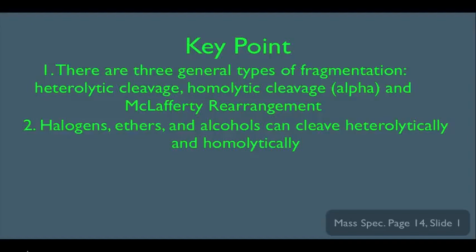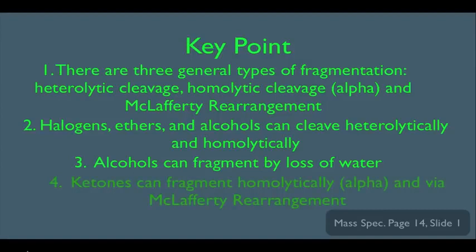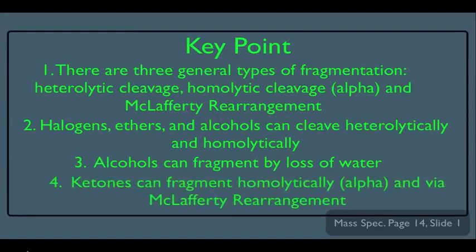We also saw specifically that alcohols can fragment by a loss of water. And the last type of fragmentation we saw was that ketones can fragment homolytically and via McLafferty rearrangement. And just as important, we saw how to quickly slice and dice these molecules to generate all the possible fragments and to make a prediction on what we might observe on a mass spec for given molecules.